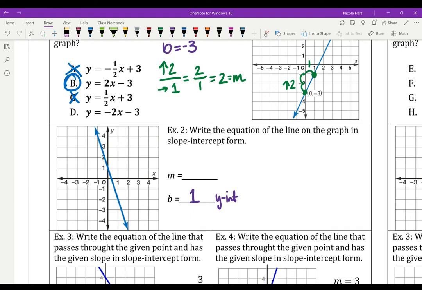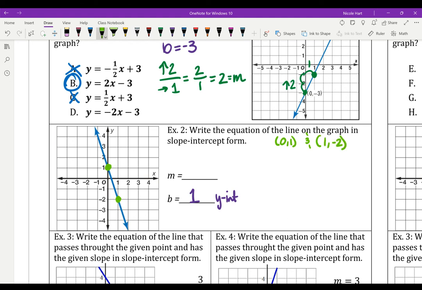And so from that y-intercept, I'm next going to find my slope. So I'm going to start with that y-intercept, and I'm going to find another pretty point, and I see one here at 1, -2. You can also use slope formula once you pick your points. And so if you'd like to use slope formula, our points here are 0, 1, and 1, -2.